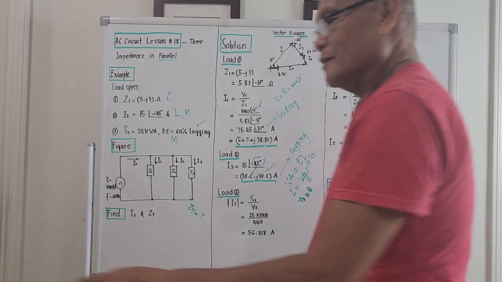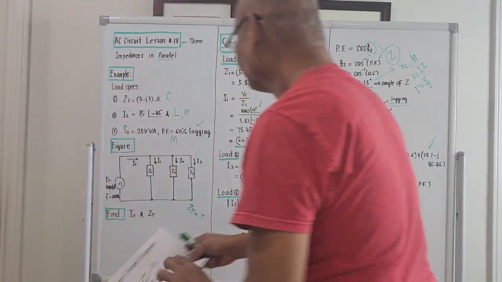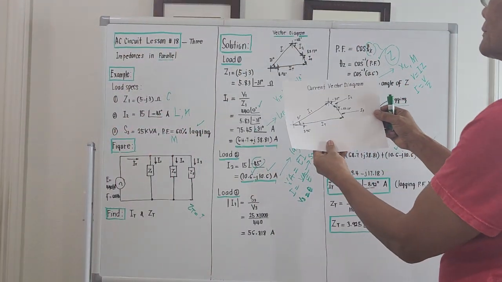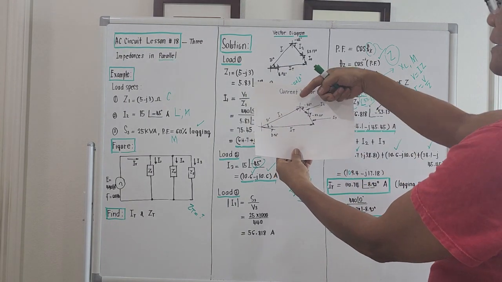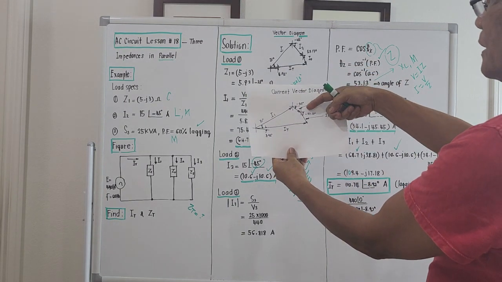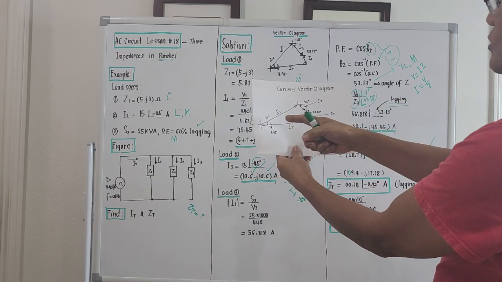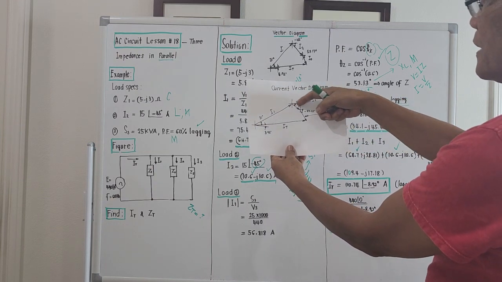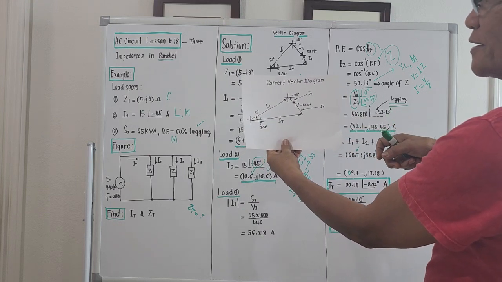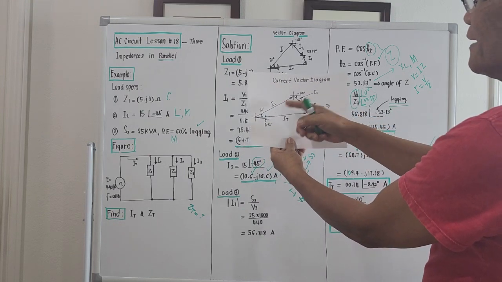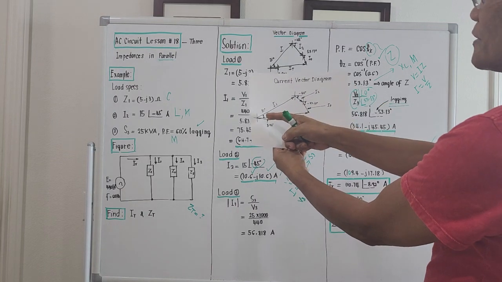And the graph of the current is this one. This is I1, this is I2, and this is I3. So the vector sum of I1, I2, and I3 is actually I total. Okay? The angle of I1 with respect to the horizontal is 31 degrees.